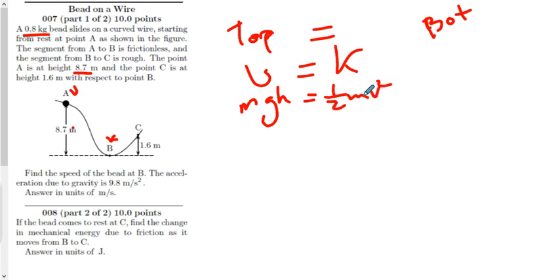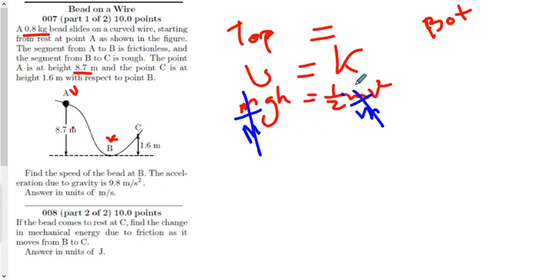Now, it gives you mass, but we don't need it in this problem. I'll show you why. When I start solving for V, since it's asking for speed, I divide mass on both sides, and they cancel out.